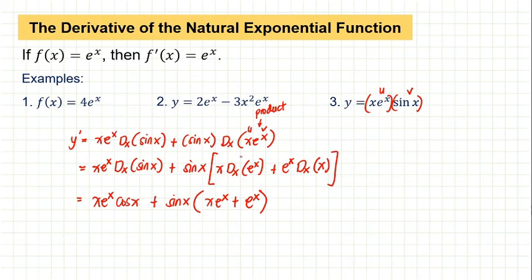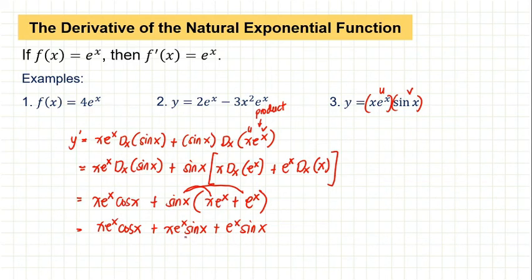Then after that, we can distribute this one. So we will now have x e raised to x cosine x plus x e raised to x sine x, then plus e raised to x sine x. So we distributed sine x.